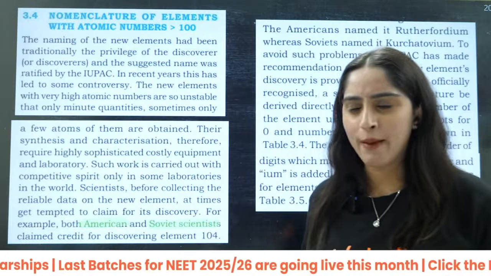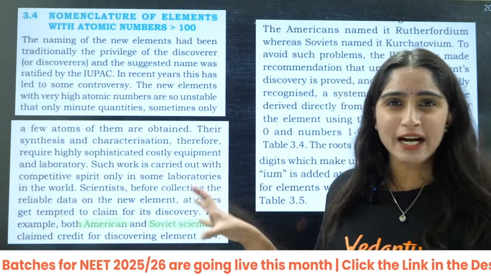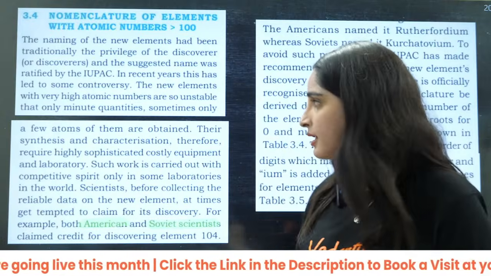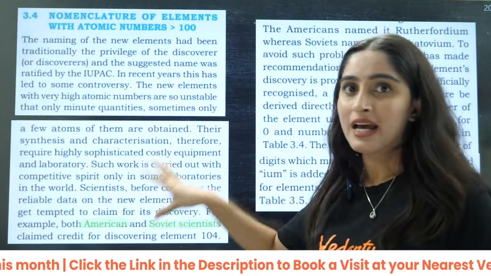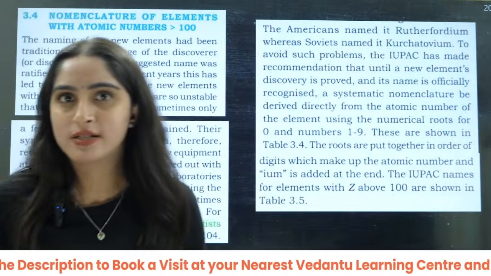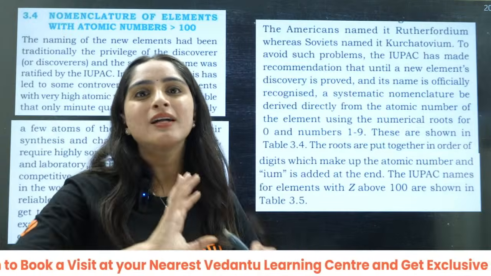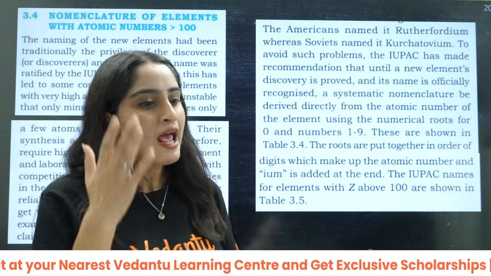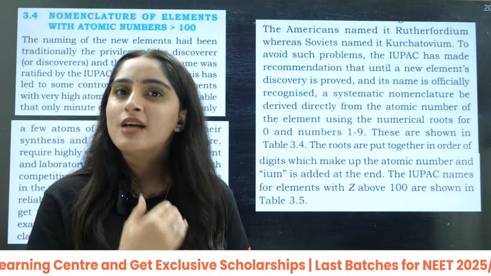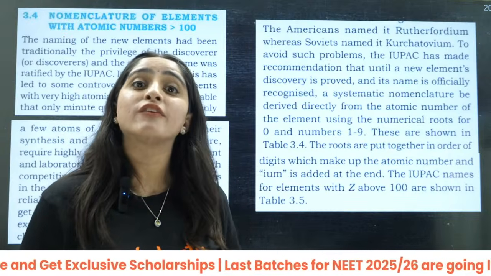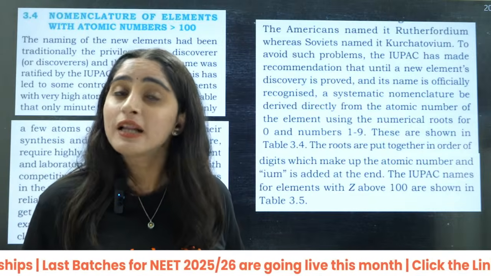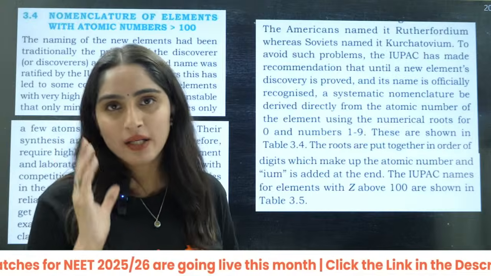Because these kinds of things were going on, they had to make a rule out of this. They said, okay, till the time we understand exactly who discovered it, until there are proper proofs of who discovered this element, so that we can give a name on the basis of scientists or countries, we will have a nomenclature for that.